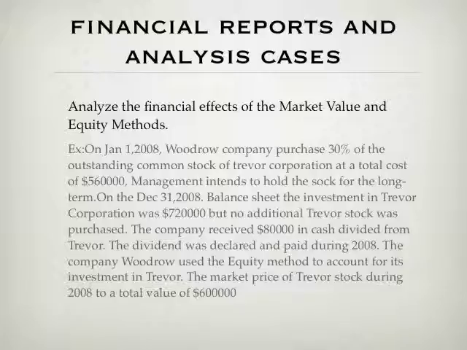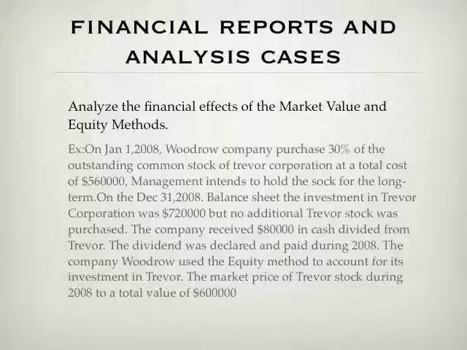We have to analyze the financial effects of the market value and equity method. I just want to read these questions so you know what I'm talking about. On January 1st, 2008, Woodrow Company purchases 30% of the outstanding common stock of Trevor Corporation at a total cost of $560,000. Management intends to hold the stock for the long term.